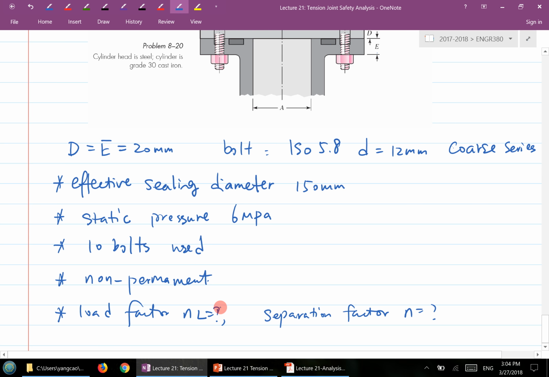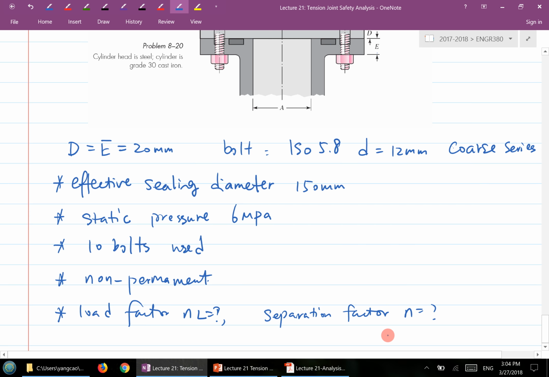So when you see this kind of question, what should jump into mind shouldn't be the detail yet. The bigger picture should jump into mind: first of all, you need to calculate the bolt stiffness, second, you need to calculate the member stiffness, and then third, you can calculate the load factors or separation factors using appropriate formulas. Okay, so that's the sequence for this type of question.